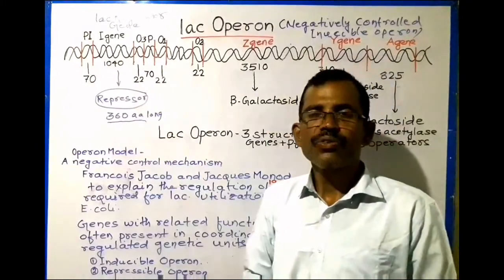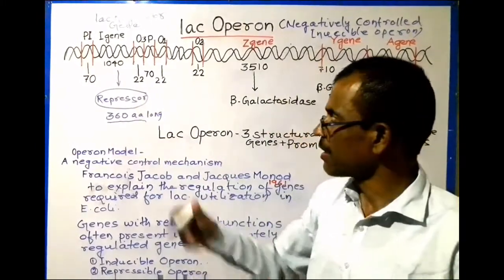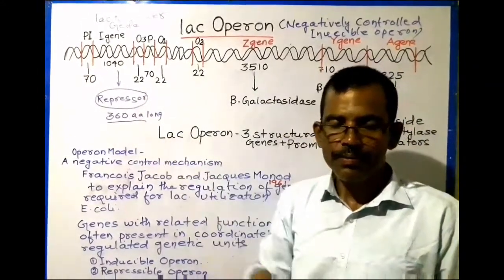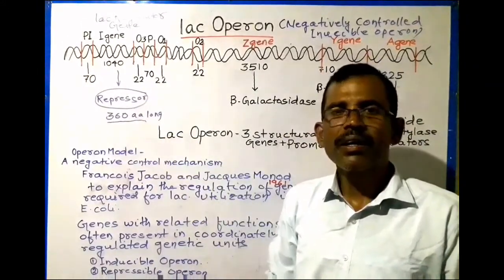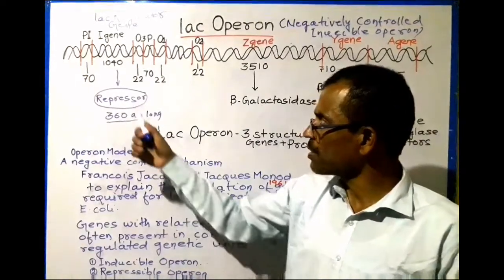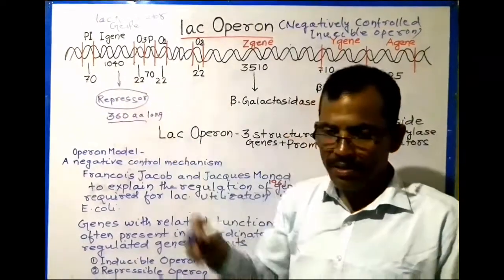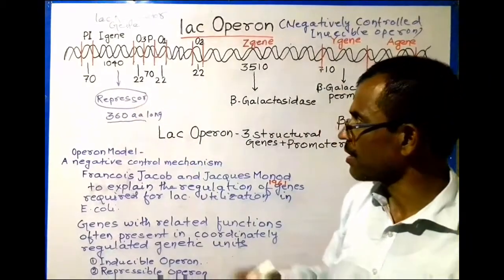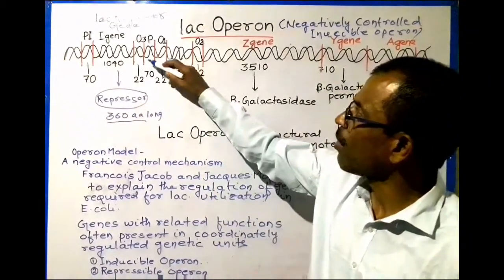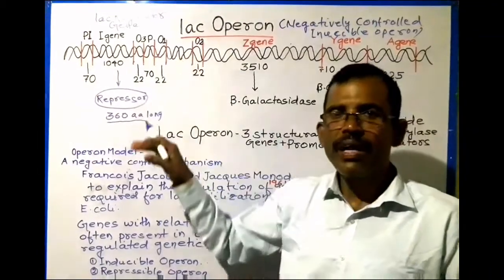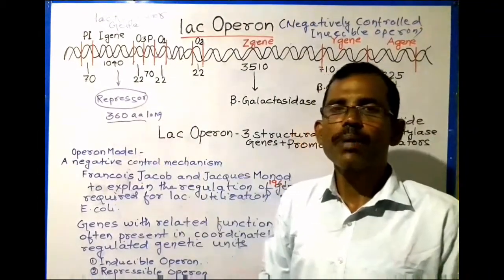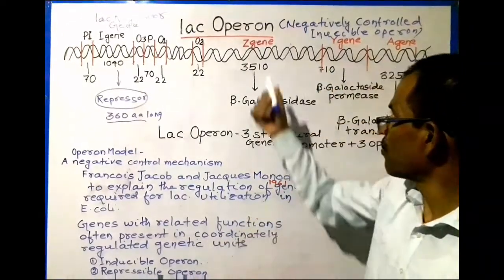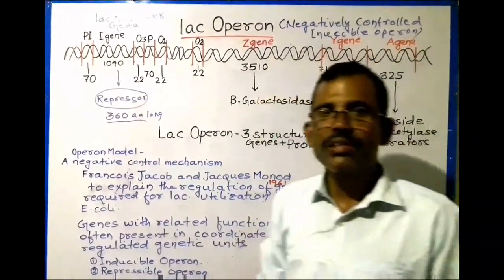The active form of the repressor that can bind with the operator region is a tetramer. This tetramer contains 4 copies of the product of the I gene. So this tetrameric form of the repressor binds with the operator region and prevents the enzyme RNA polymerase from catalyzing the transcription of these structural genes.